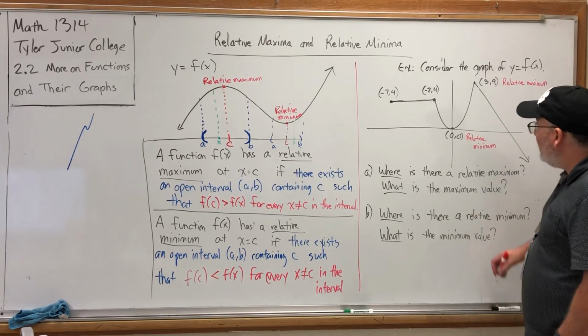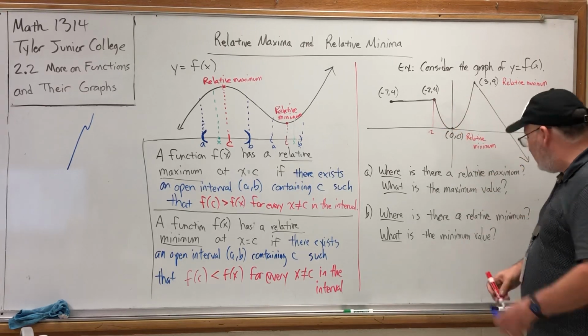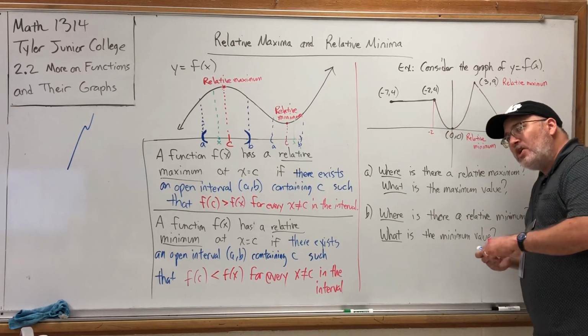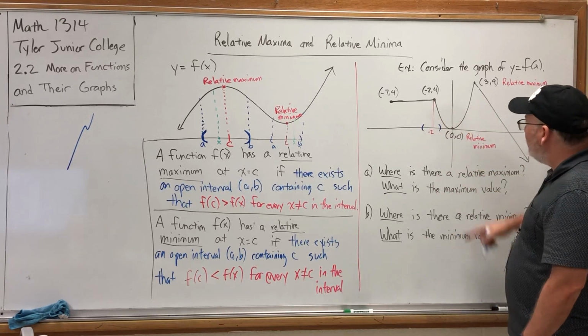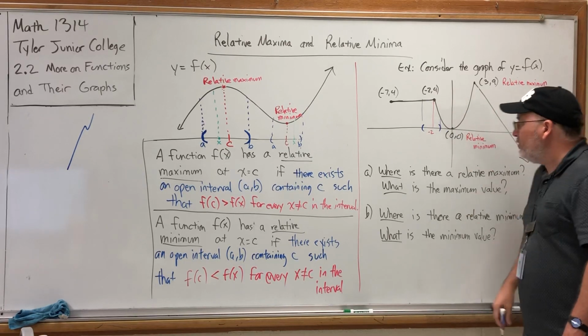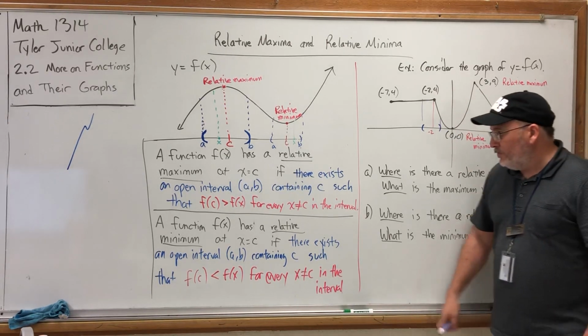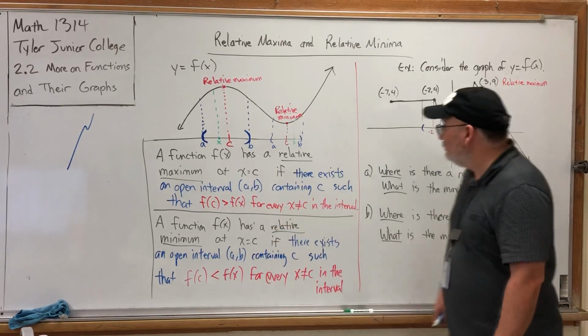You're a maximum if, when I go to your x-coordinate on the x-axis, I can open up an open interval around you so that you are the highest point in that interval. No one is higher than you. Greater than, not greater than or equal to.